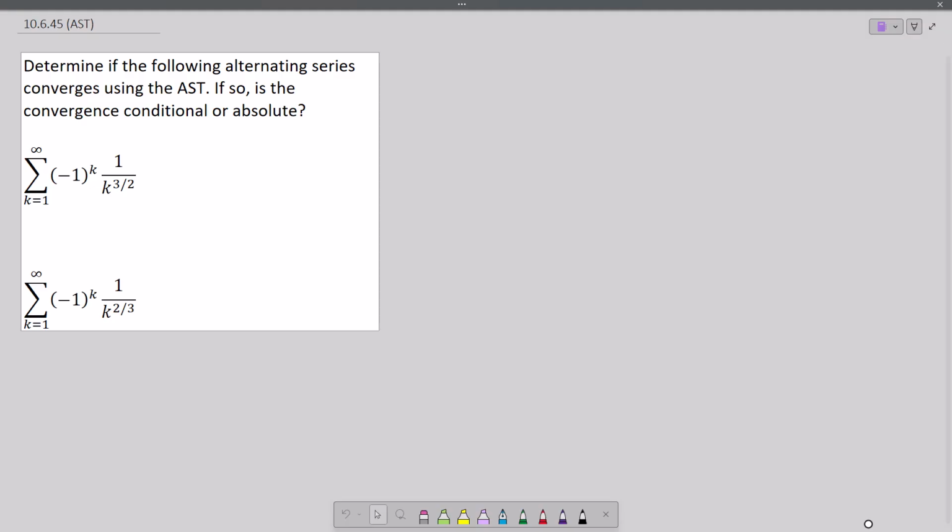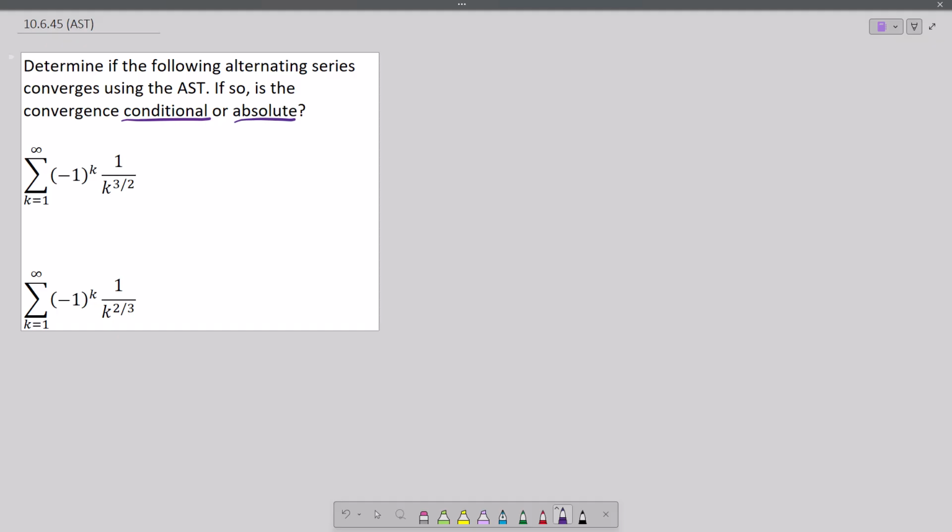Alternating series. Okay, in your head, think about, A, whether both series converge, regular convergence with the alternating series test.